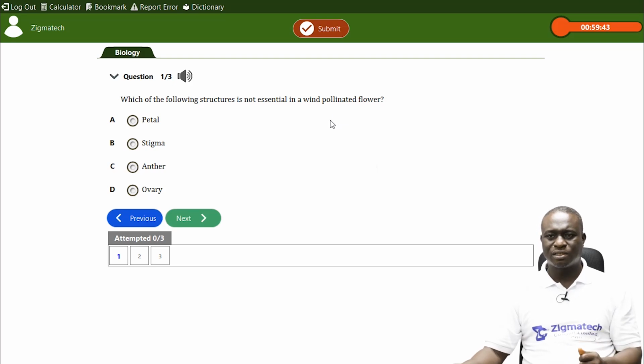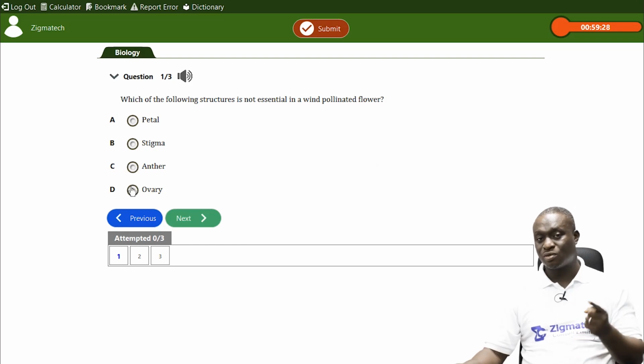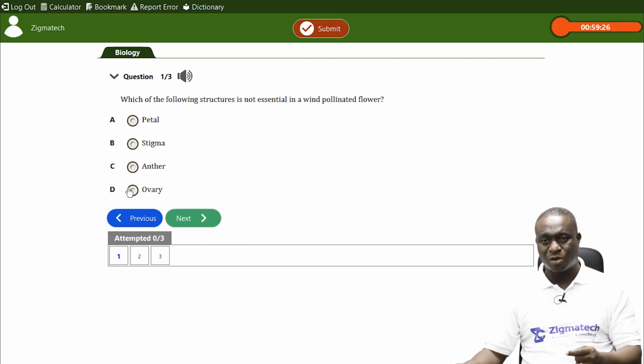A, is it the petals? B, is it the stigma? C, is it the anther? And D, is it the ovary? Of course, the anther plays a major role. It releases the pollen grains. The stigma is what receives the pollen grains for pollination to effectively take place. And the petals attract the insects that help in pollination. All right.